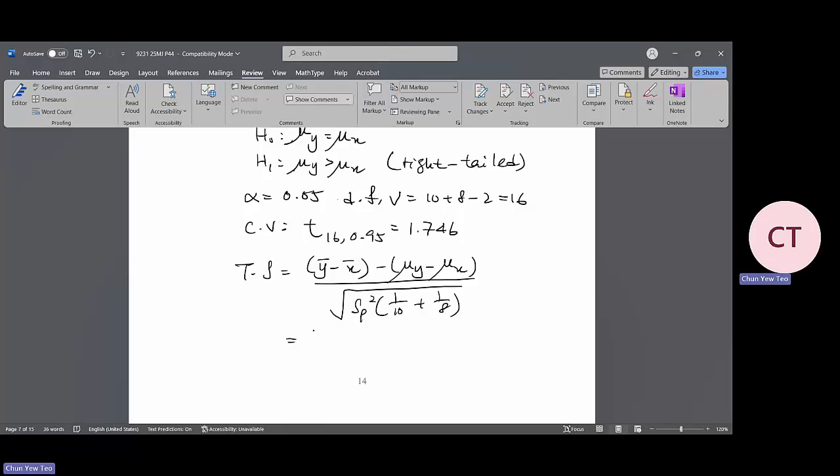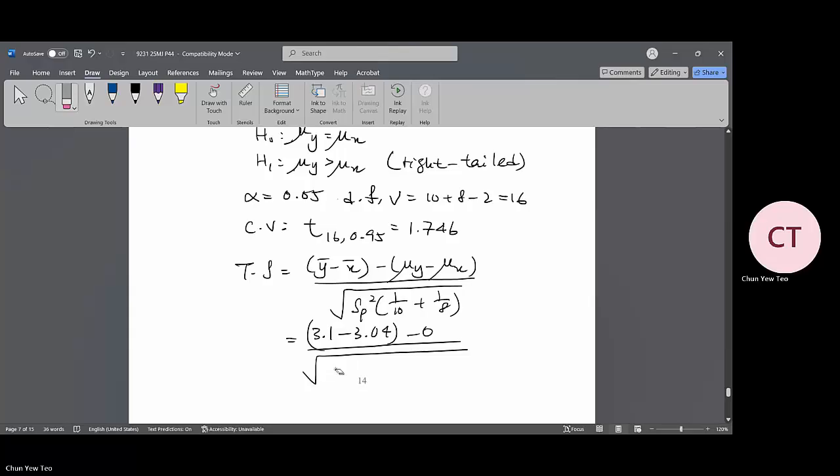Bar y is 3.1 and bar x is 3.04, minus 0, divided by the square root of 0.015155 times 1 over 10 plus 1 over 8. Press the calculator, and you get 1.028. That is your test statistic.